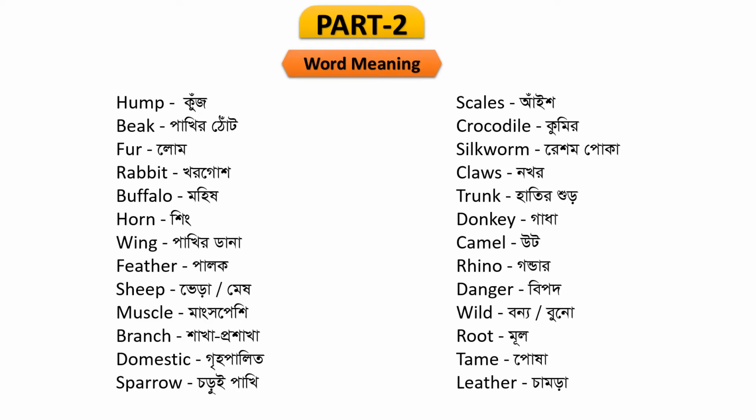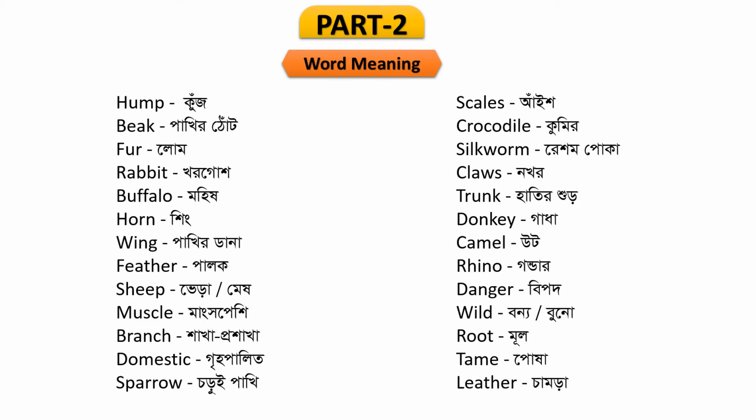The first word is hump. Hump means কুজ. The second word is beak. Beak means পাখির ঠোঁট. The third word is fur. Fur means loam. Then we have rabbit. Rabbit means খরগোশ. Buffalo means মহিষ. Horn means shing.